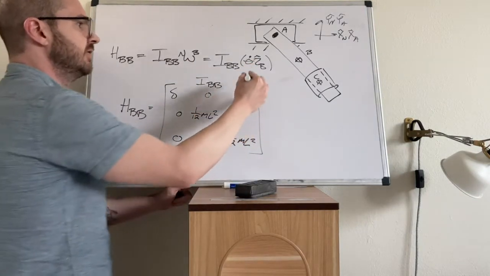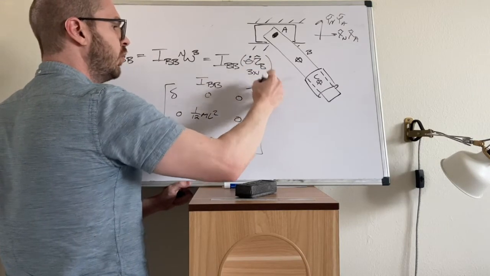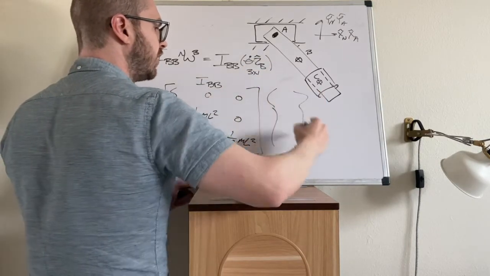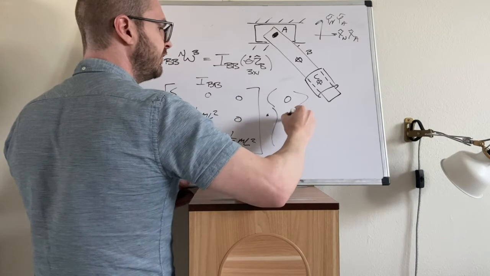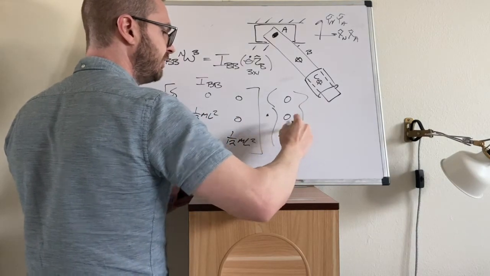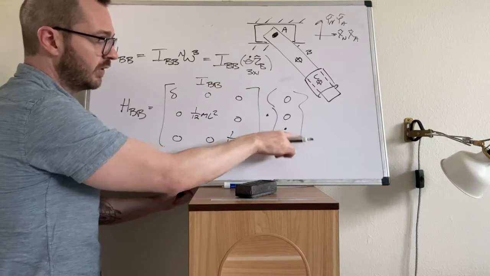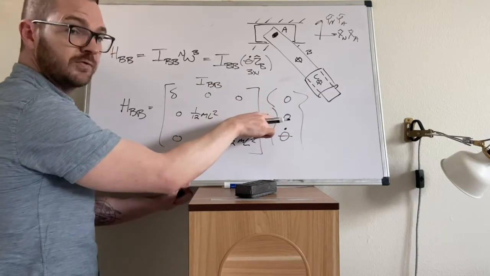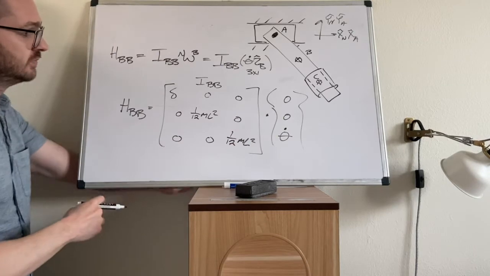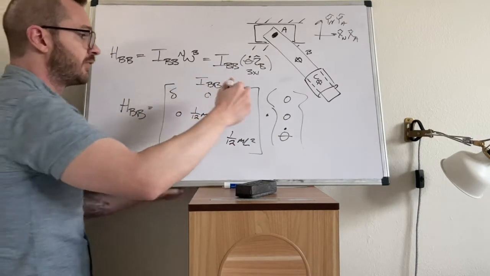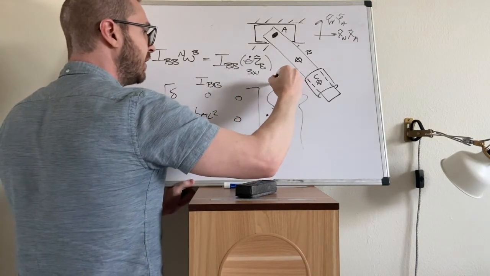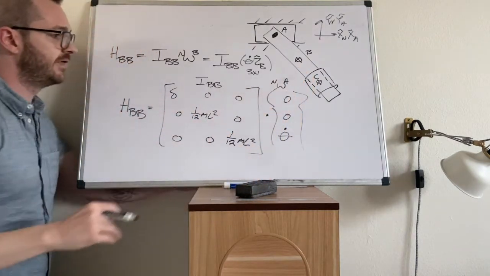It has dimensions, 3 by 1. So we can draw it as 0, 0, theta dot. The theta dot is in the Z entry, which is the third one, and it is not rotating about the X or the Y. So here's your 3 by 3 dyadic multiplied by your 3 by 1 vector.